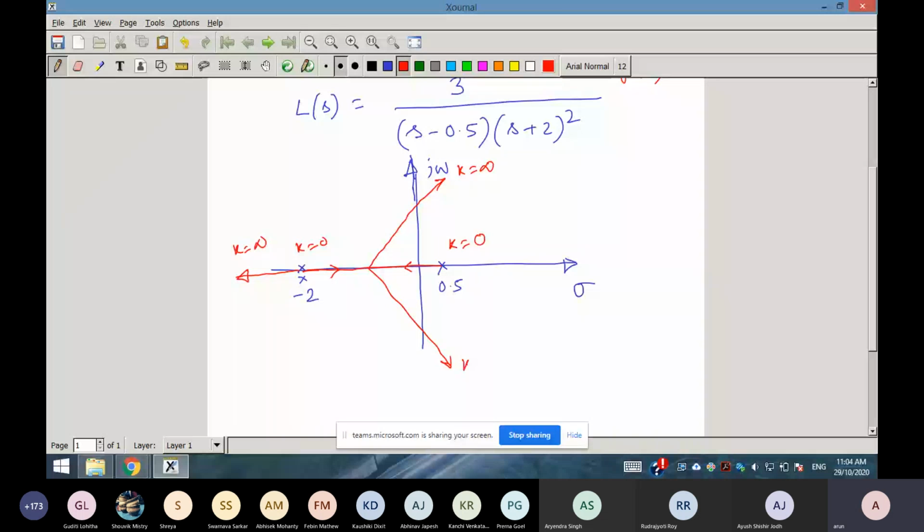If you check this point, here k will be equal to 2 by 3, and here k is equal to 3.